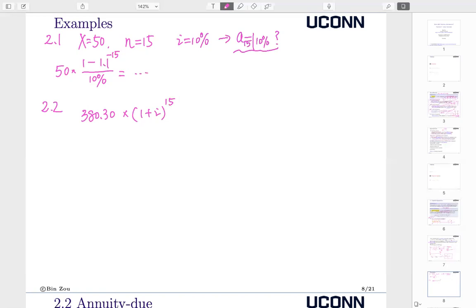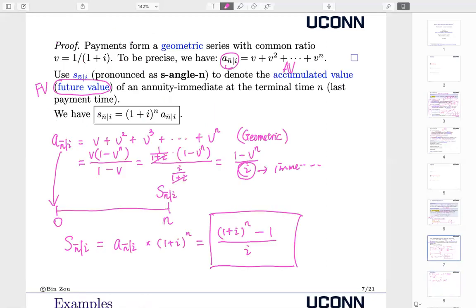It's simple, right? Once you know the result from the previous example, all you need to do is multiply by the accumulation factor, then you will get the future value. Of course, we do have the formula down here if you are really a formula person.